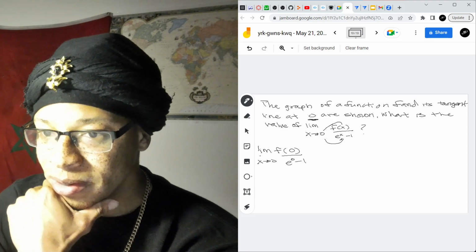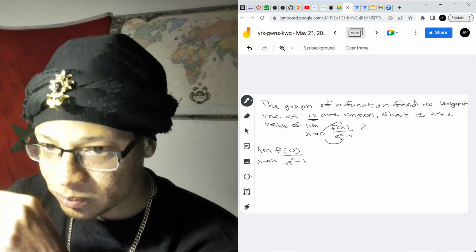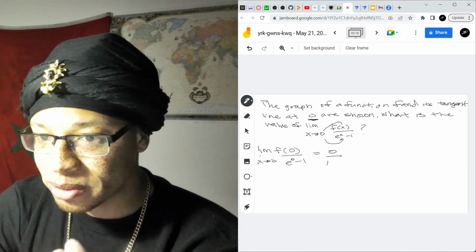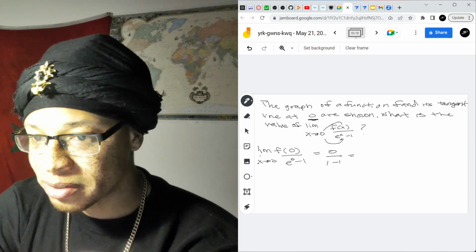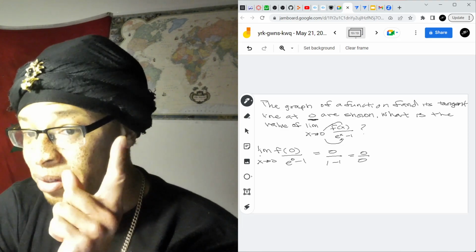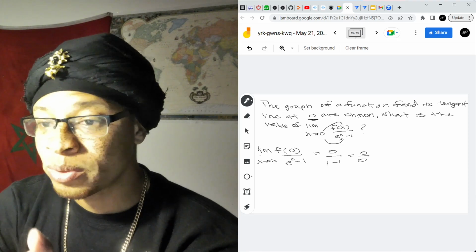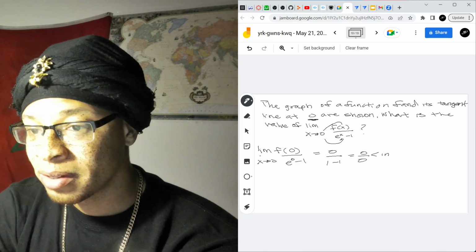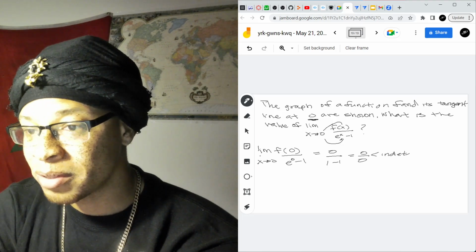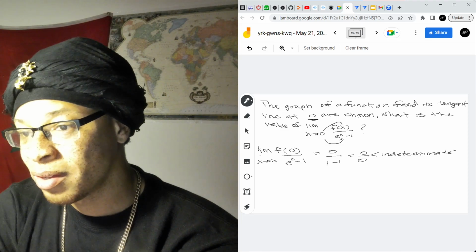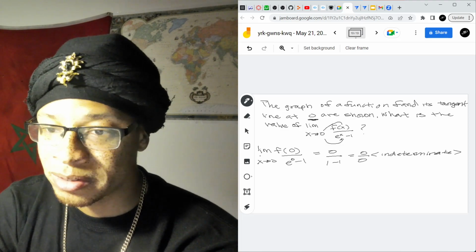And when it goes into here, e to the 0 is 1. E to the power of 0 is 1, and 1 minus 1 is 0, right? Which is a what? Indeterminate, right? And we can't have no indeterminates, so what do we do?